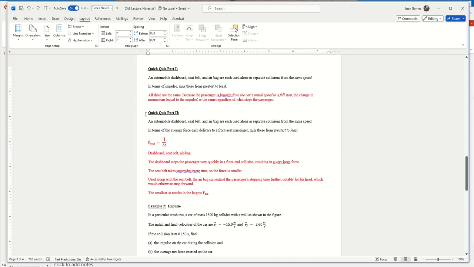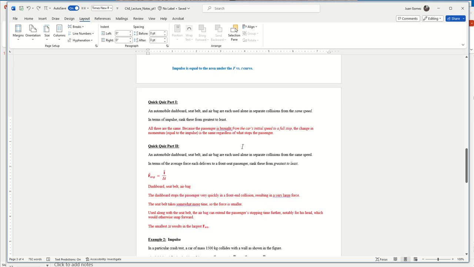Okay, and we'll finish up with quick quiz part 2. Same example. We know that the impulse is the same in each case, but what about the average force exerted on the passenger? Which one exerts the greatest force: dashboard, seatbelt, or airbag? Obviously, the dashboard exerts the greatest force, then the seatbelt, then the airbag. Why?